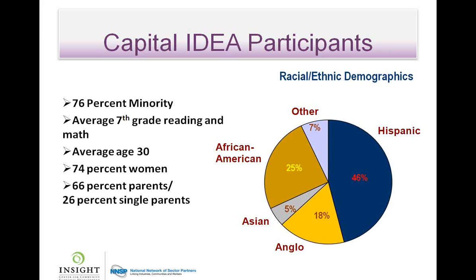It takes about 3.5 years for the participants from entry into Capital IDEA to graduation with an associate's degree or certification and into employment. Capital IDEA follows these participants up to 2 years after they graduate and are into employment.